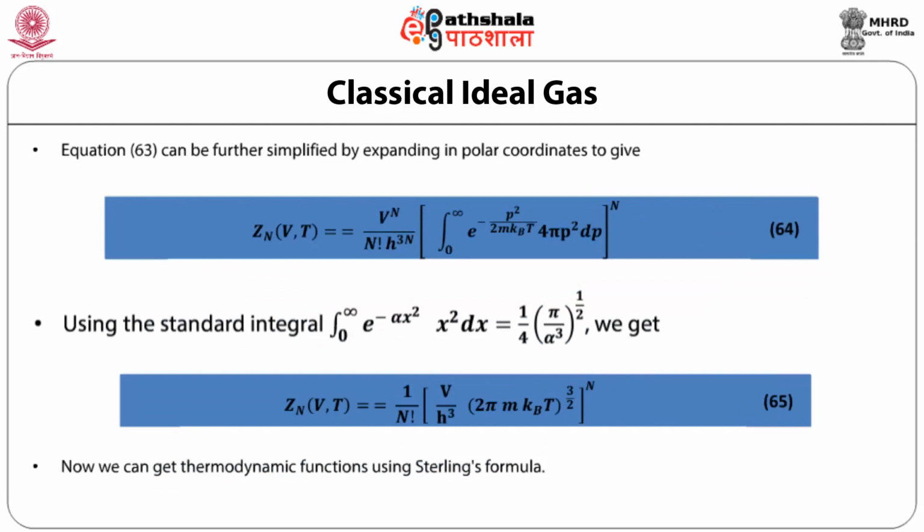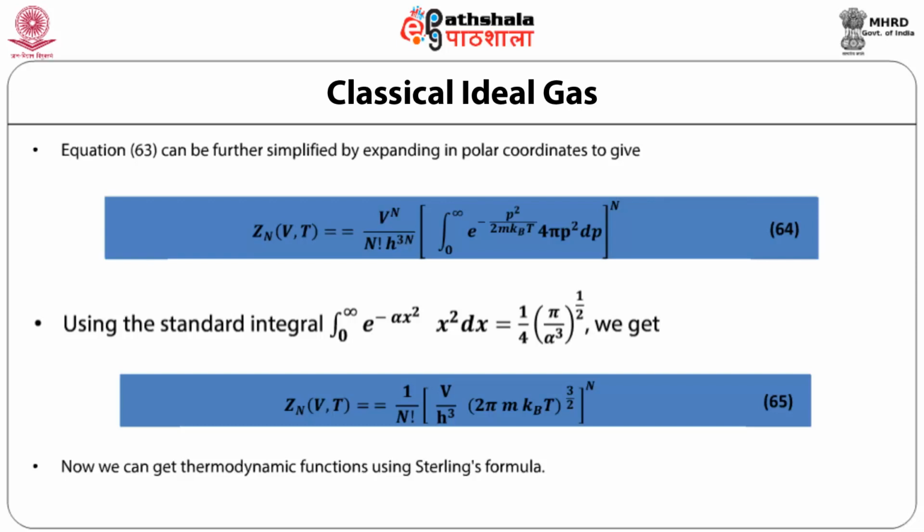Equation 63 can be further simplified by expanding in polar coordinates to give the partition function equal to V raised to power n divided by n factorial h raised to power 3n, square bracket begins, integral from 0 to infinity e raised to power minus p square by 2m k_BT, 4 pi p square dp, square bracket closed raised to power n.